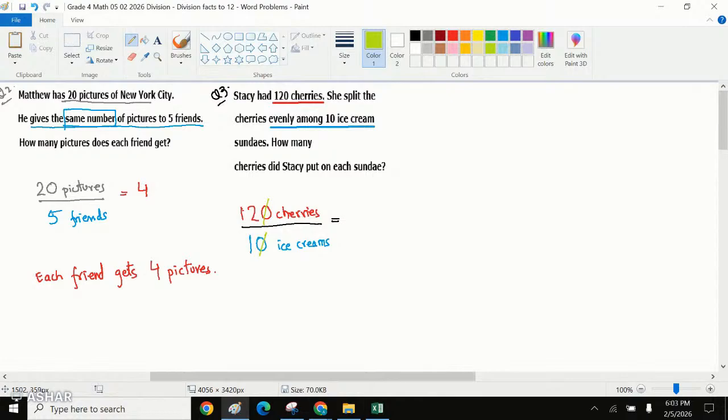This is through division. And finally, we can say the answer comes out to be 12. So we write 12 cherries per, the divide sign means per ice cream. Okay. So this can be the final statement.